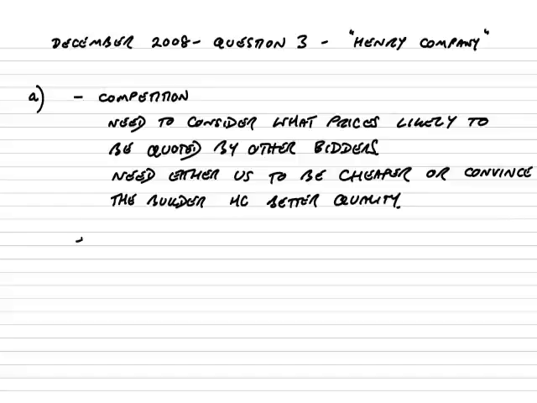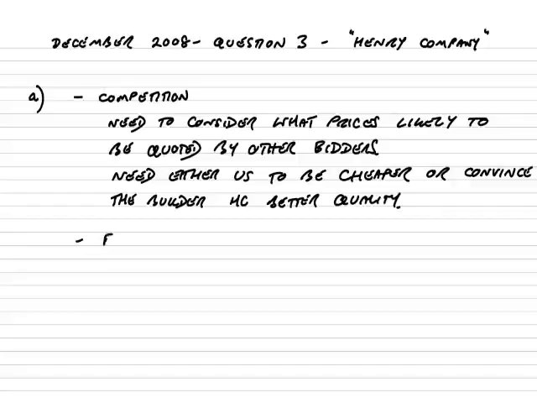But I said the examiner's given us 2 bits to this answer because look at the end of the second line. It also says HC has not worked for this builder before. Well, if we've never done any work before, surely one possibility which is worth thinking of is that if we win this contract and we do a good job, we might get more work in the future.